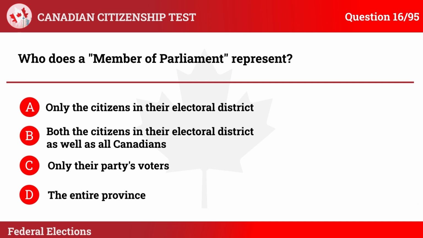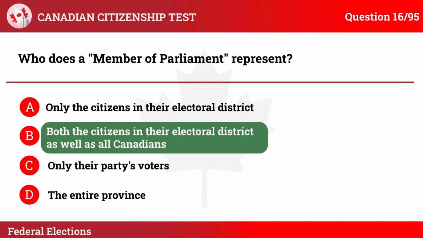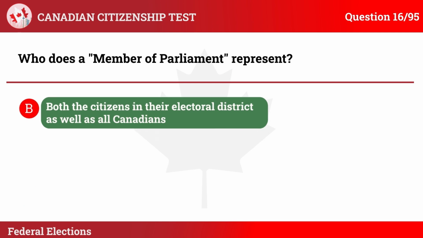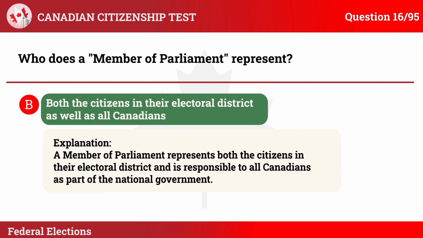The correct answer is B. Both the citizens in their electoral district as well as all Canadians. Explanation: a Member of Parliament represents both the citizens in their electoral district and is responsible to all Canadians as part of the national government.